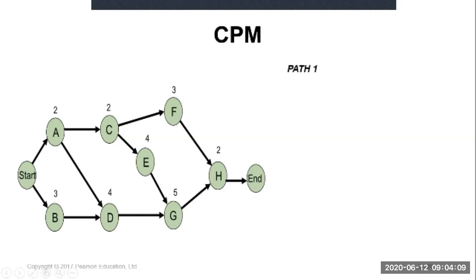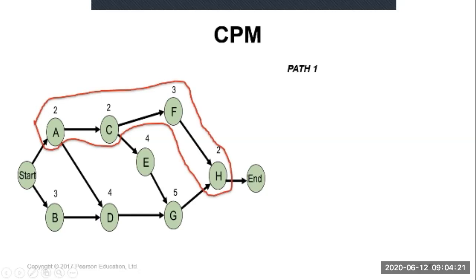First we have to identify the paths. Path 1 is A, C, F, and H. A is 2 weeks, plus C 2 weeks, plus F 3 weeks, and H 2 weeks.